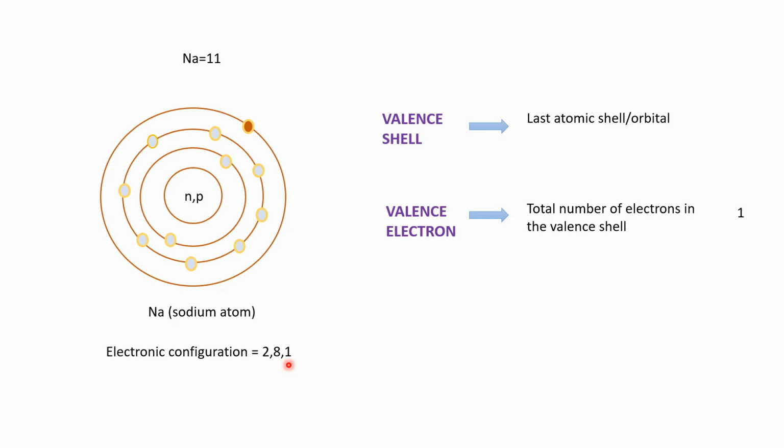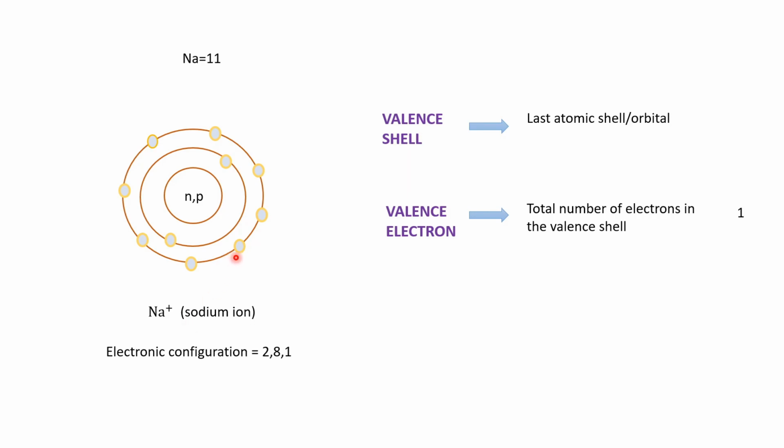So it gives out this one electron, and because that electron is not there, this shell is useless now. So we'll remove this shell also, and now this sodium atom has converted into a sodium ion. In the sodium ion, you can see that a positive charge is there. The positive charge is because electrons are negative in charge.